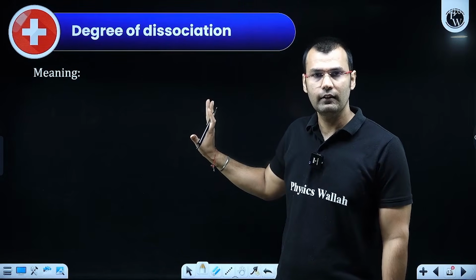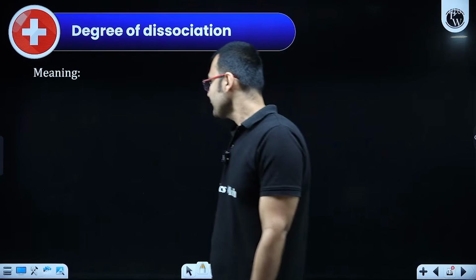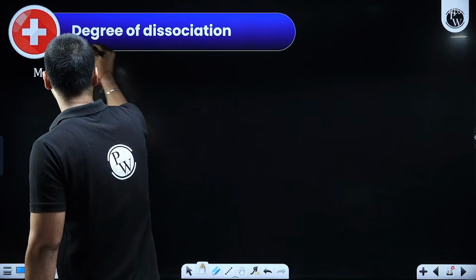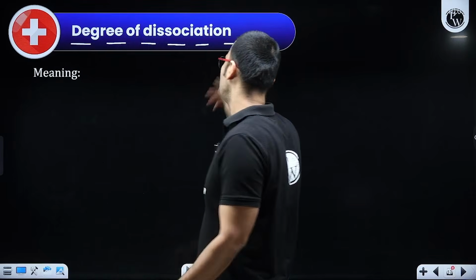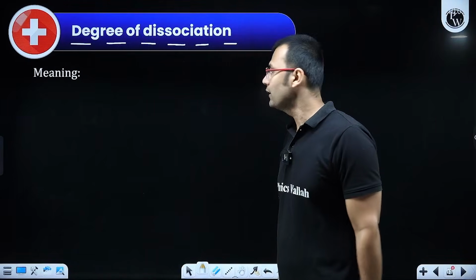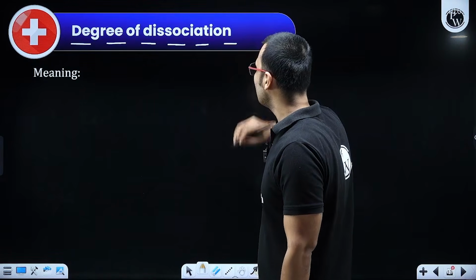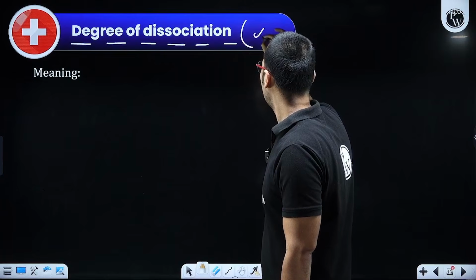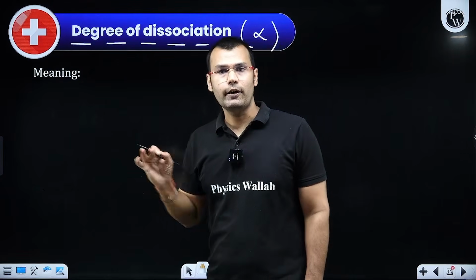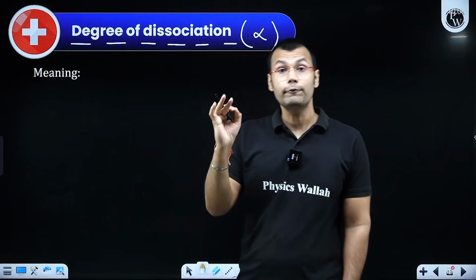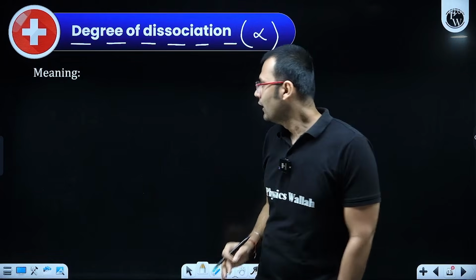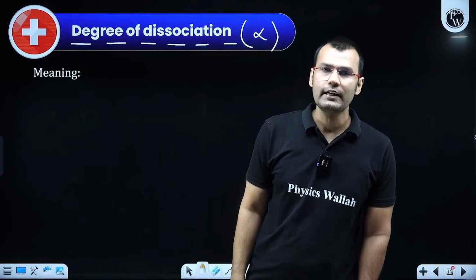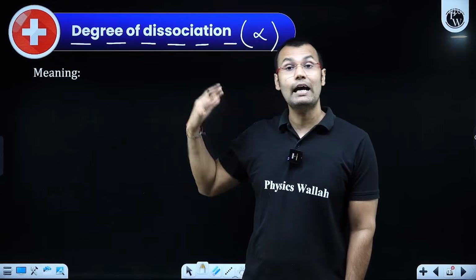Now point is, for electrolytes or for acid base, because acid base are nothing but examples of electrolyte, we have a term called degree of dissociation denoted by alpha, and this term is very important, especially for the weak electrolytes, because you know that weak electrolyte or weak acid, weak base, they always have partial ionization.